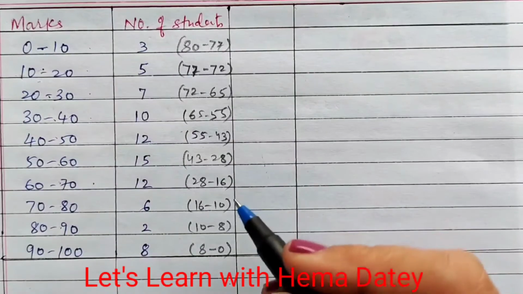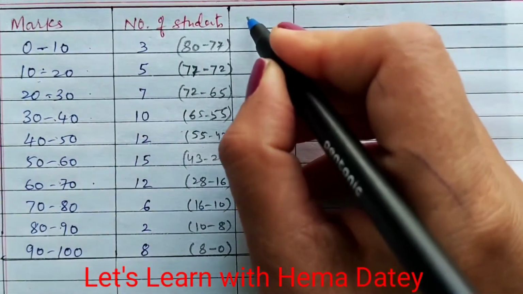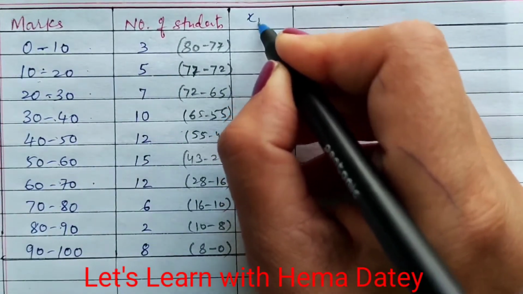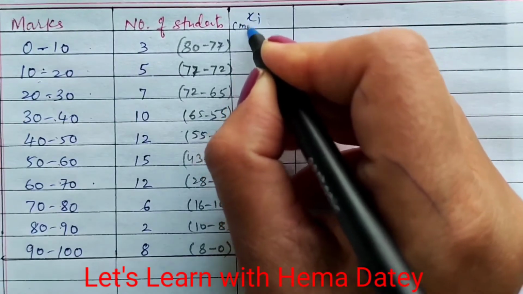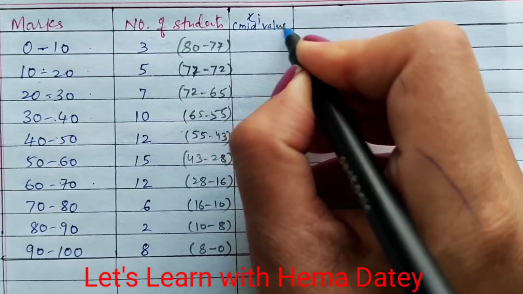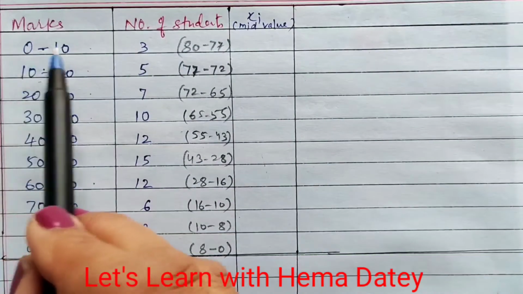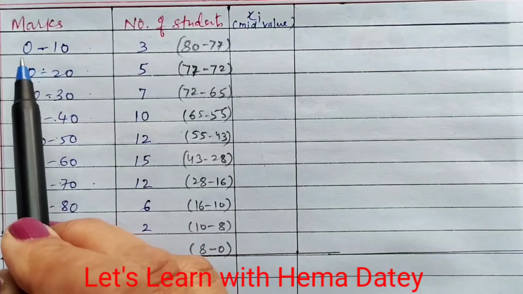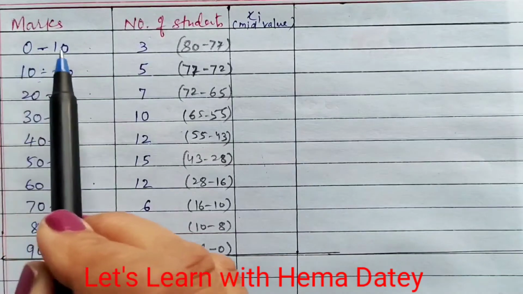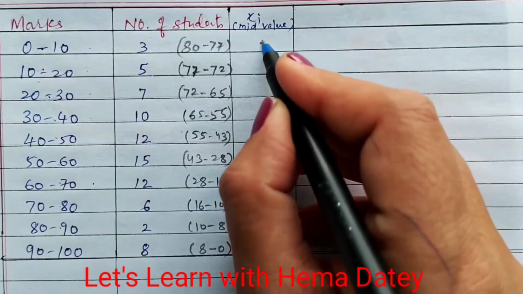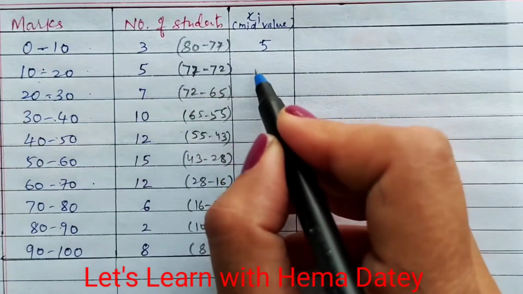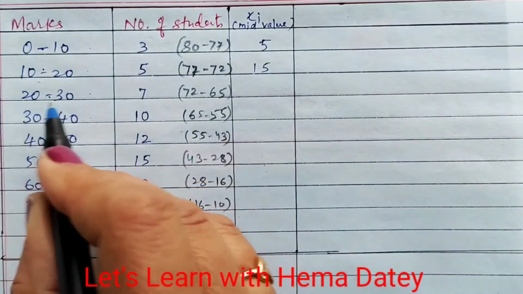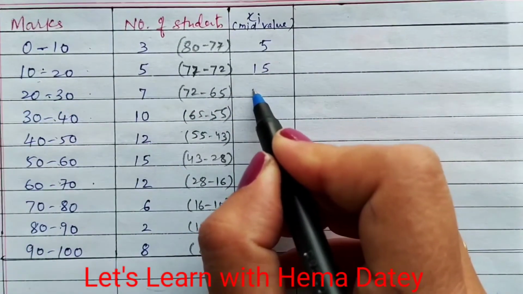Now we'll make one more column xi, which is the mid value of this, or we can say the average of upper limit and lower limit. So here the mid value of 0 and 10 will be 5. Here we'll get 15. 20 and 30 average is 25.